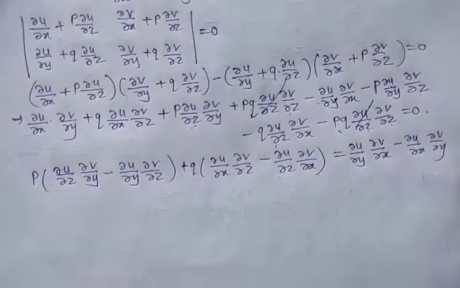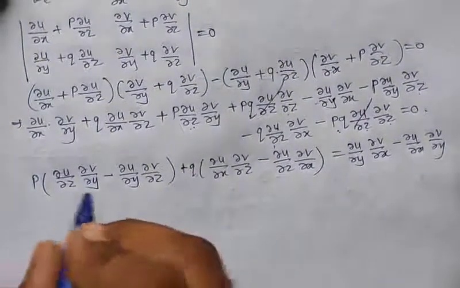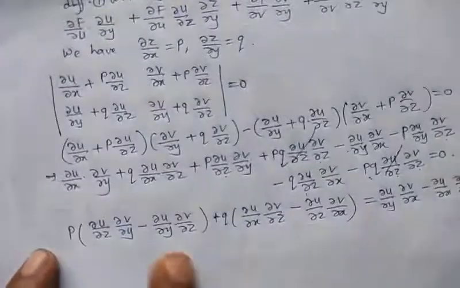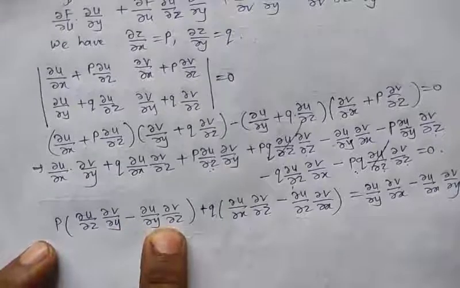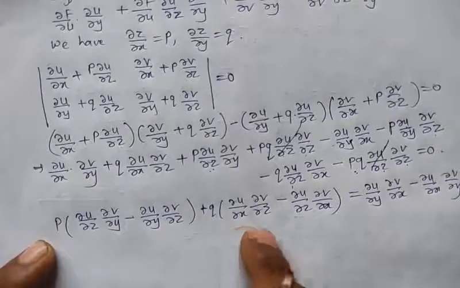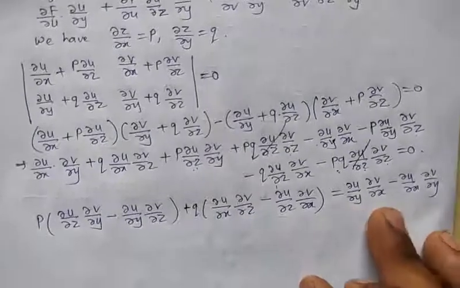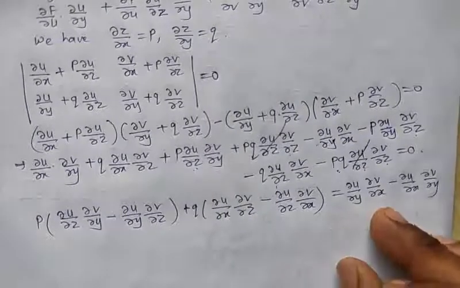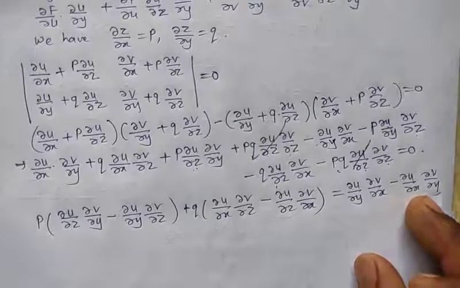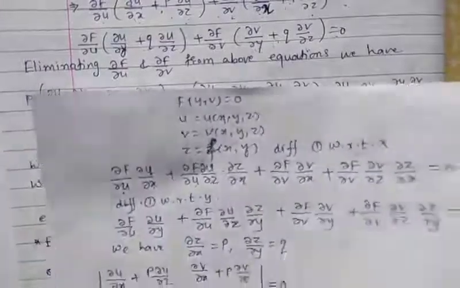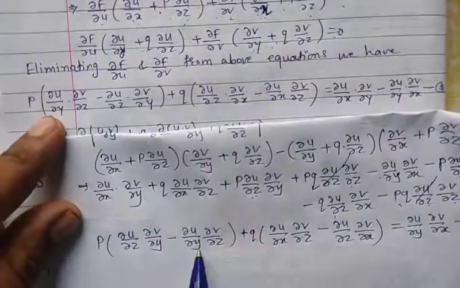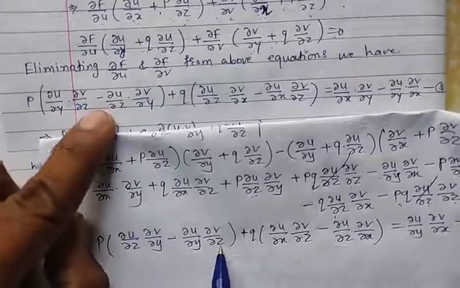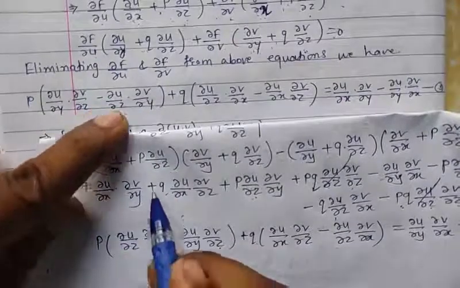Now on multiplying this, here we get p times ∂u/∂z ∂v/∂y minus ∂u/∂y ∂v/∂z, plus q times the remaining terms, is equal to the right hand side ∂u/∂y ∂v/∂x minus ∂u/∂x ∂v/∂y.